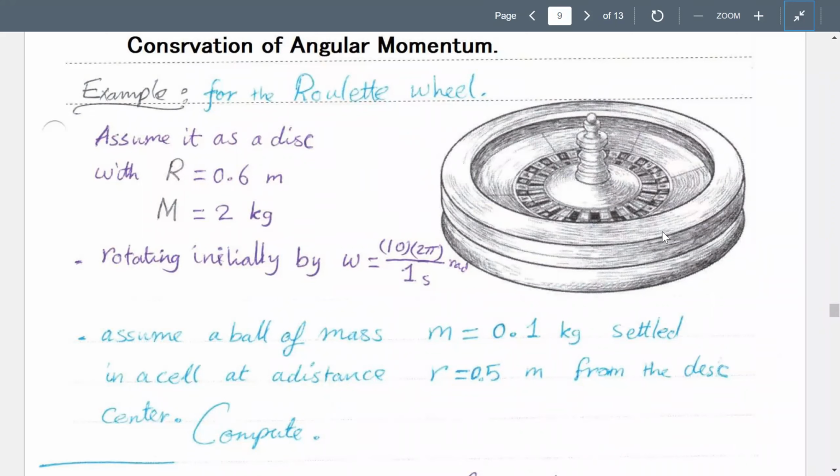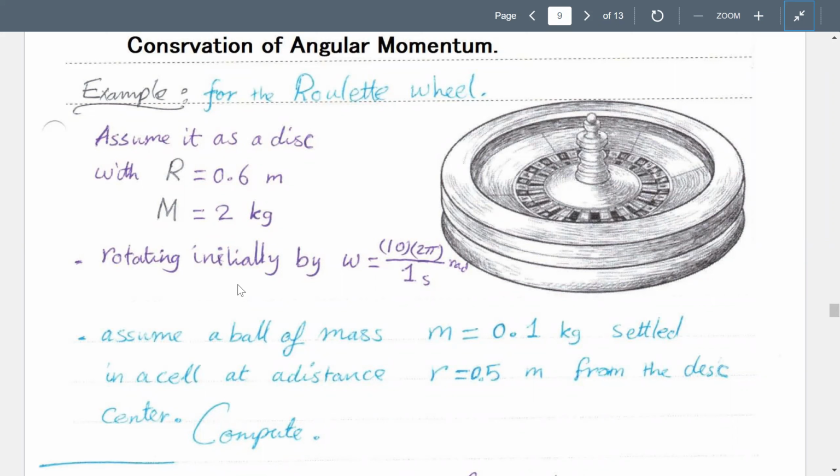We need to assume it is a disc, just to simplify our calculations. Its radius R is 60 centimeters or 0.6 meter, from its center to its edge. And its mass is 2 kilograms. All of the mass is 2 kilograms.